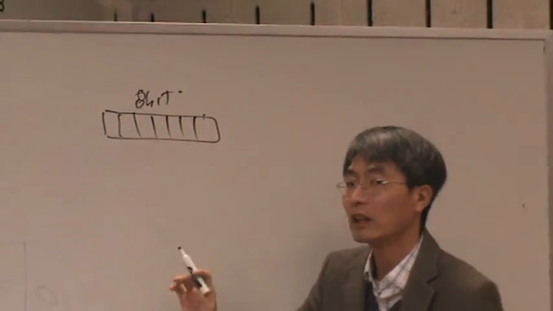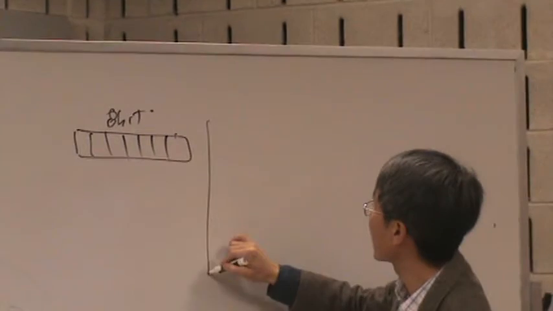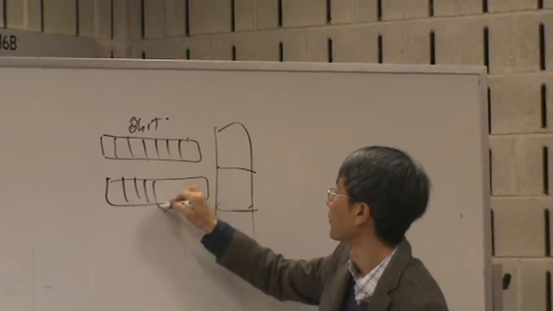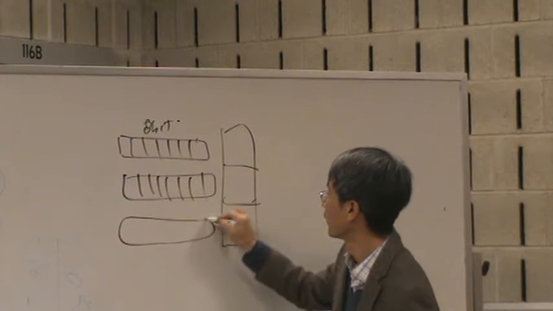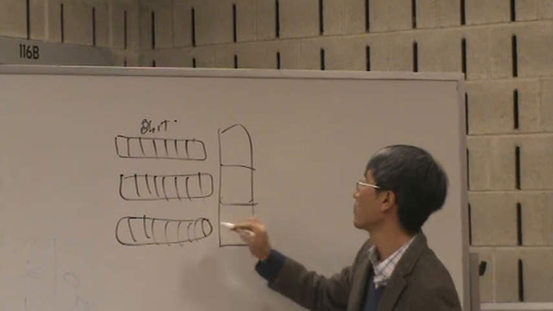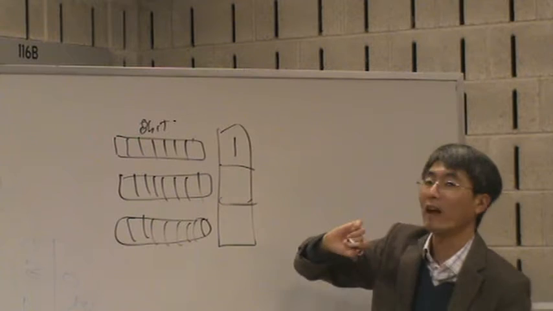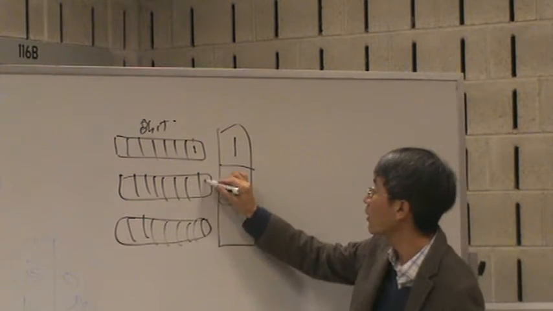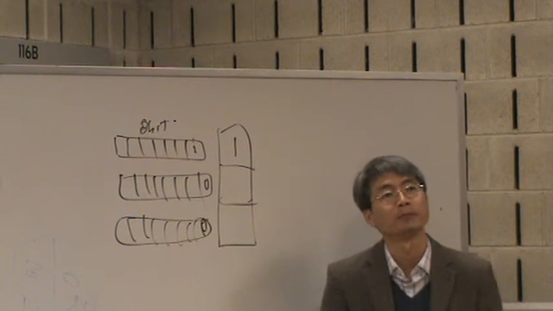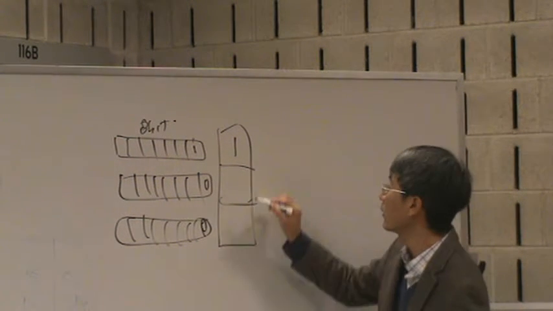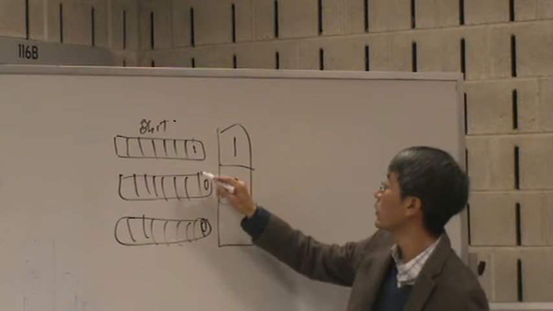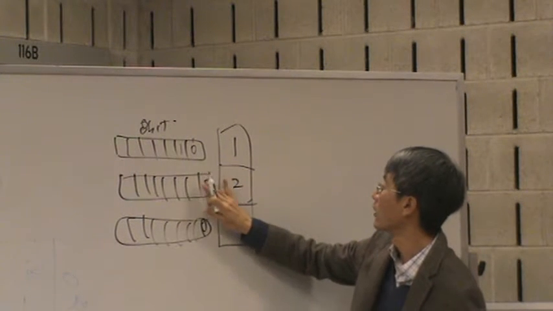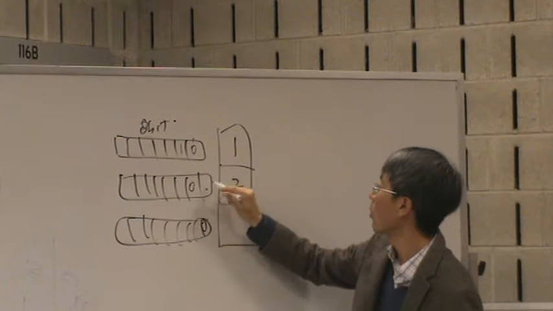So for example, we have 3 pages. It's 1 byte, 8 bits. If this one is referenced, then this is set as 1, and the others are set as 0. Then next time, we shift this one: 1, 0. This one is 0, 1.